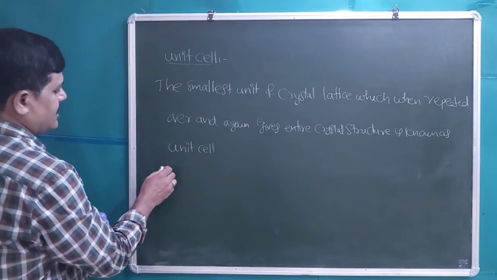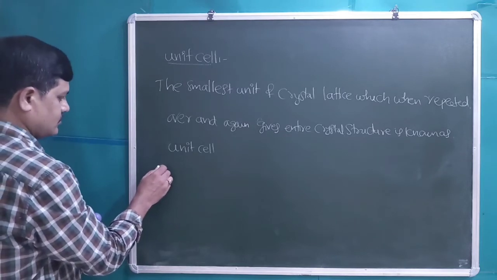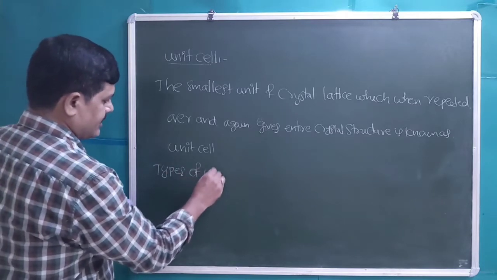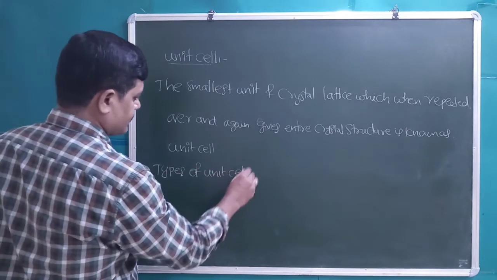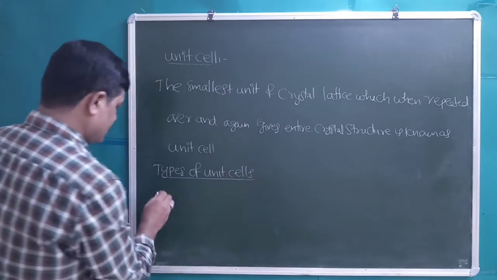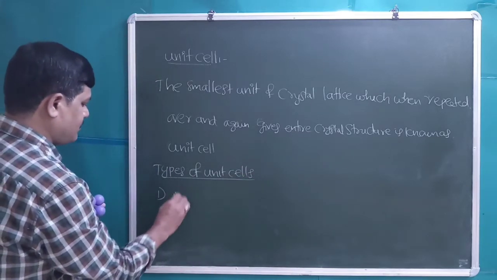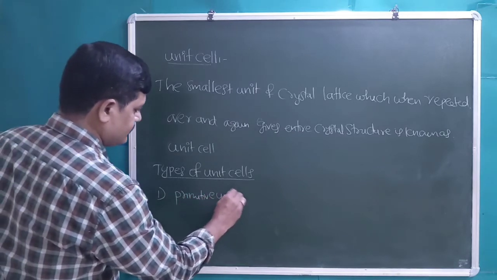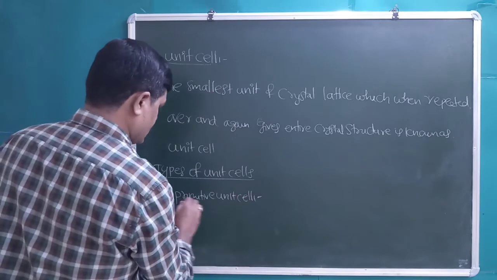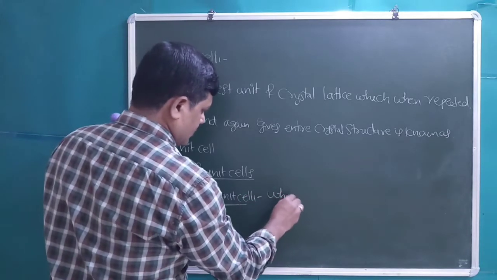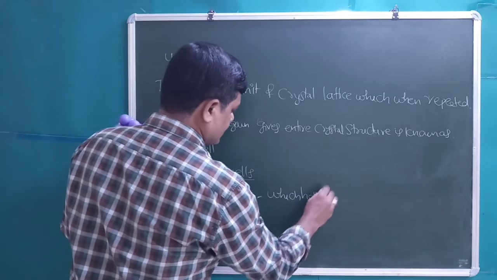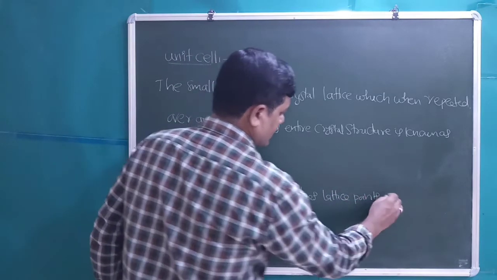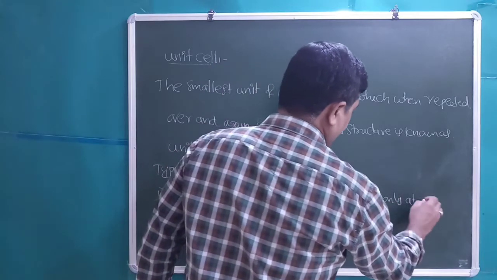And unit cells are of two types. Types of unit cells. First type is primitive unit cell, which has lattice points only at corners.